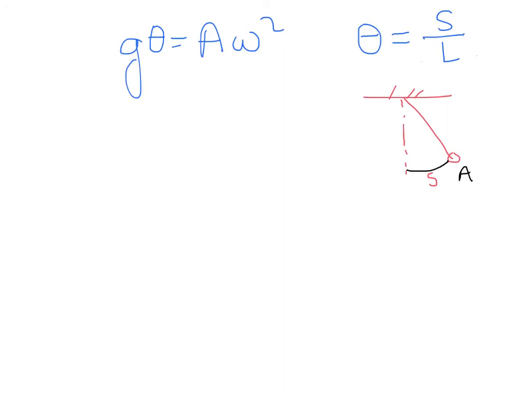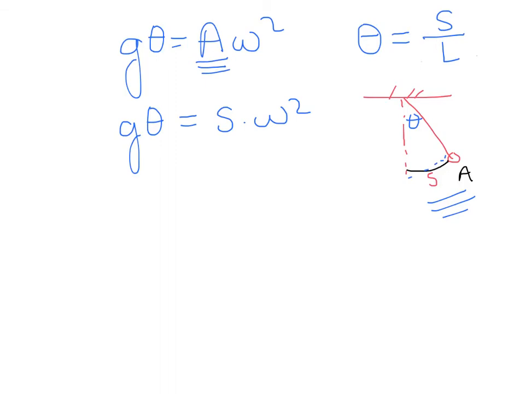So I'm going to go up here and say g theta is really the same as s omega squared. Again, I'm going to say that the amplitude is s for our motion. And I'm again saying that for a small angle, it's almost like this guy is moving in a straight line going down.